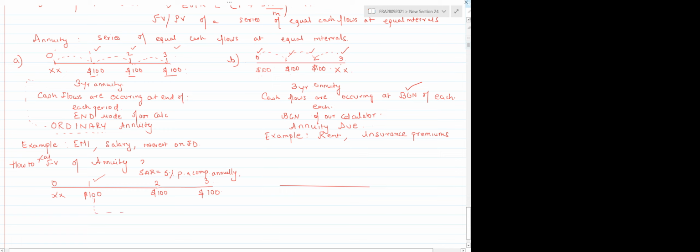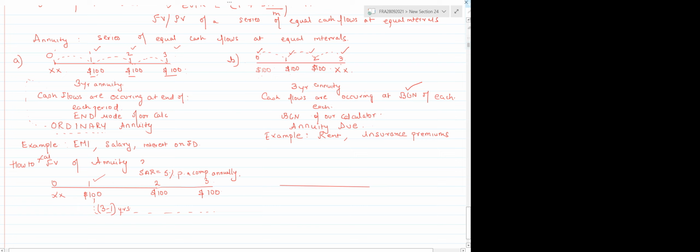This cash flow that occurs at the end of year one is compounded for how many years? Please tell me. I have to calculate the future value at the end of year 3. So my cash flow would be compounded for how many years? 2 years, right? 3 minus 1, 2 years.